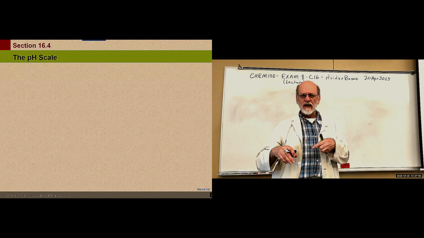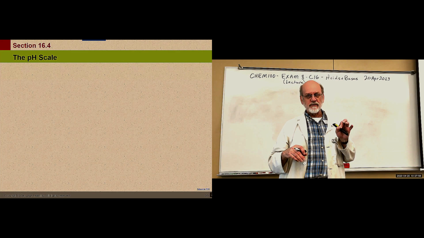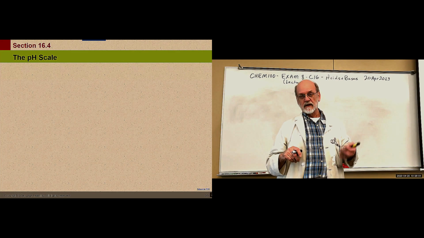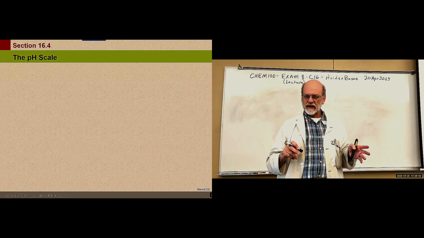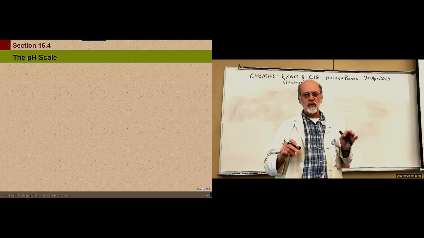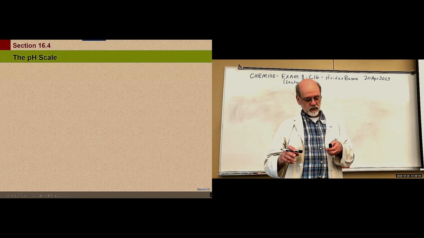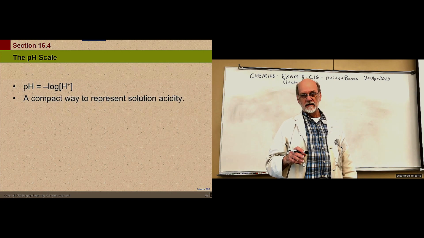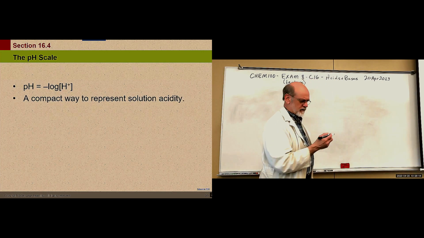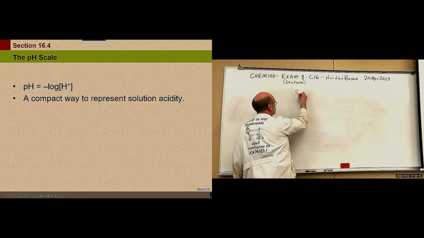But these values are always very small. They always have exponents. And they can get to be unwieldy. And if you're doing this type of work day in and day out, you want something a little more convenient. And that's where Sorensen came in. I'm not sure if I got his name yet. Sorensen.